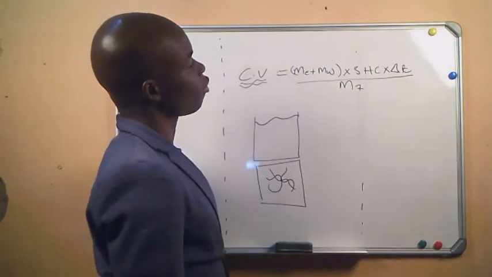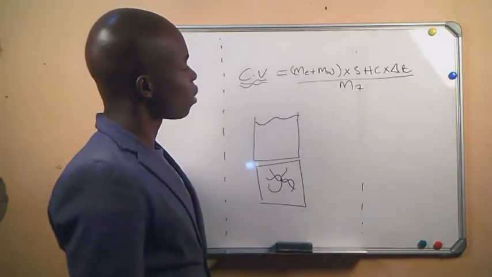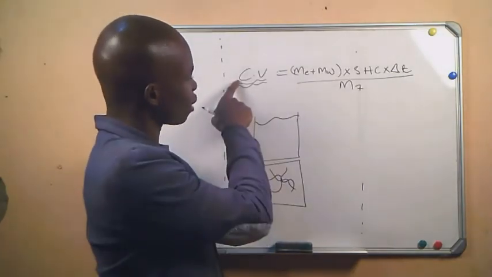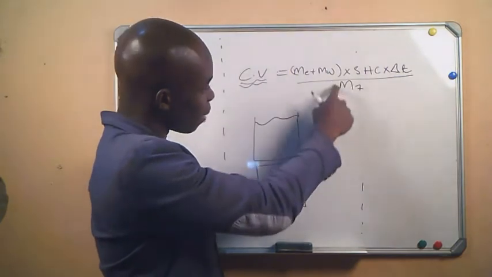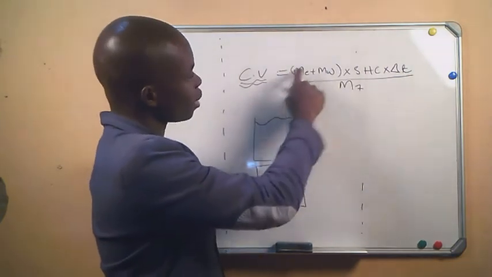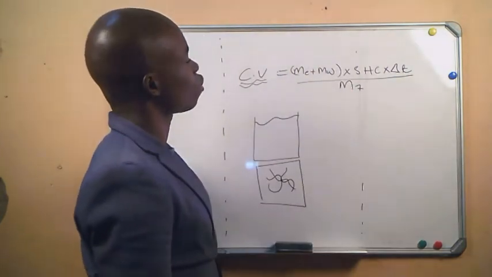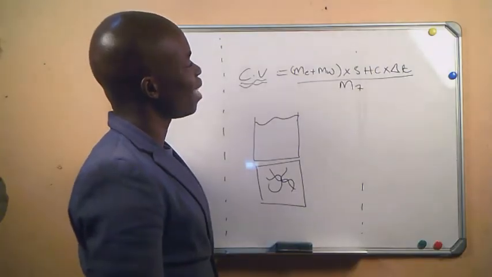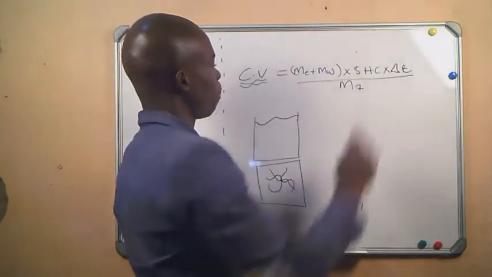So this is the formula to calculate our calorific value: the calorific value times the mass of the coal is equal to the heat energy that will be received by the water.